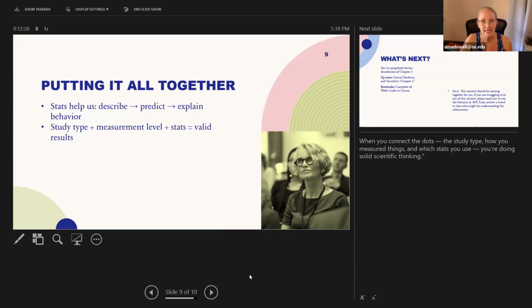When we put it all together, statistics help us describe our sample, predict outcomes, and explain and interpret this to our reader. And our study type plus measurement level helps us pick a statistic that's correct and have valid results.